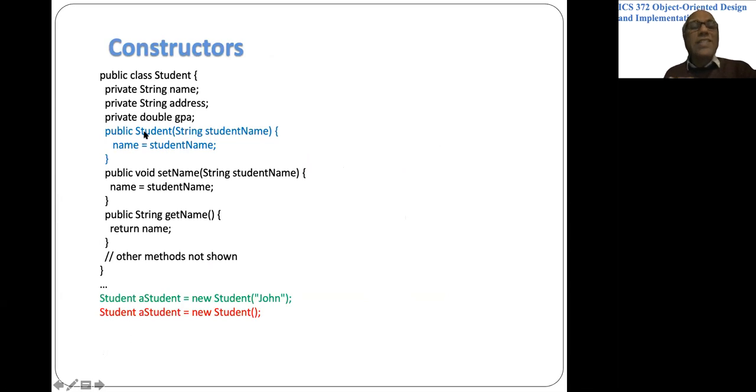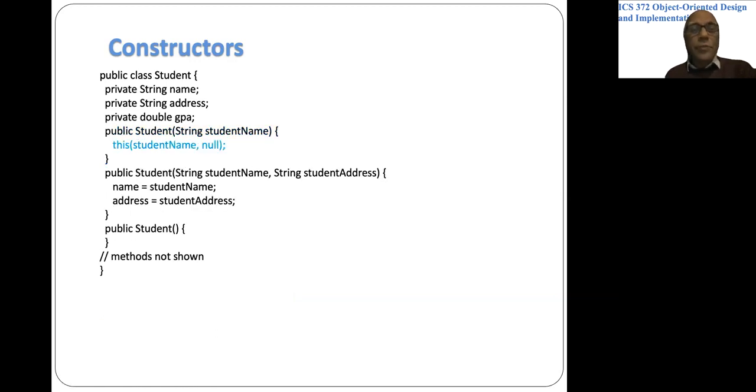Constructors are things that get called when an object is created, and they have the same name as the class in which they are defined, like Student. This is a constructor. You can have multiple constructors within the same class. For example, I have Student with a student name as parameter, a Student with the name and address as parameter.